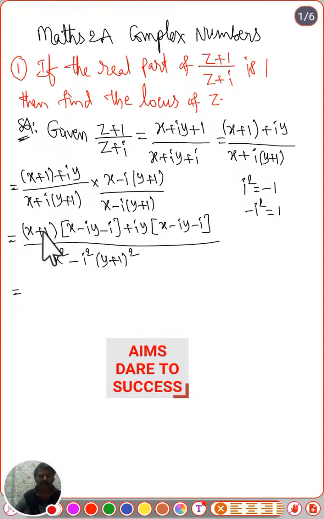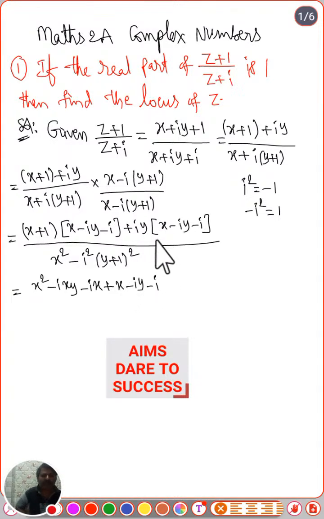Multiply individually: x into x is x square, minus i into xy, minus ix. Next plus 1 into x is plus x, minus iy, minus i.